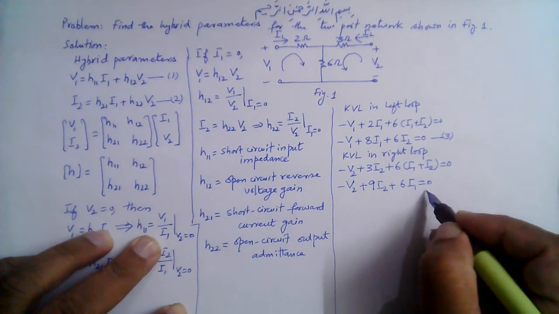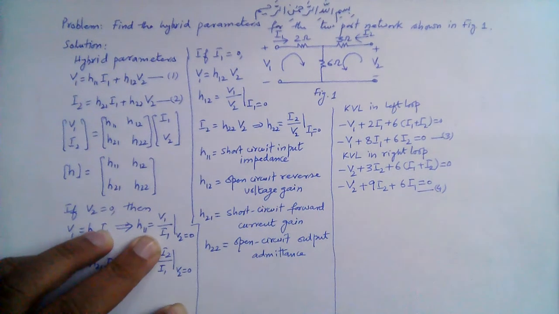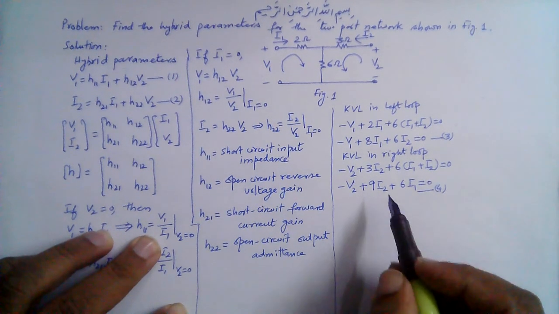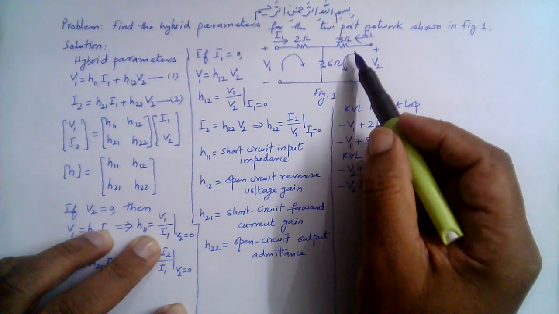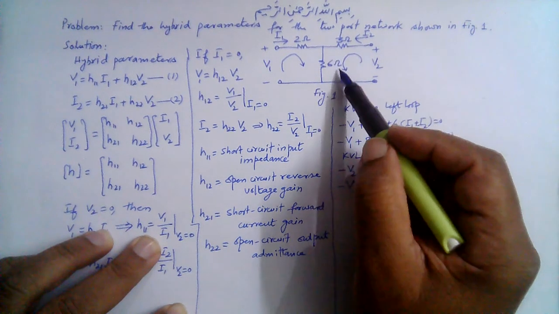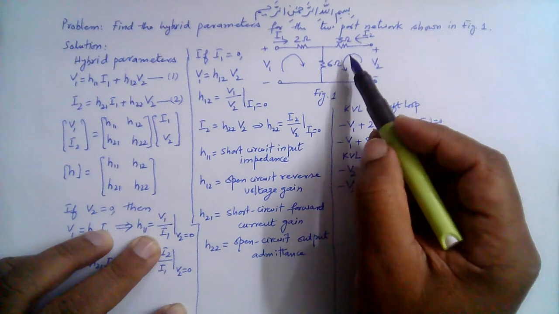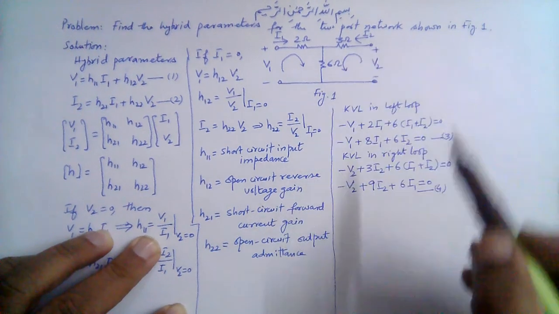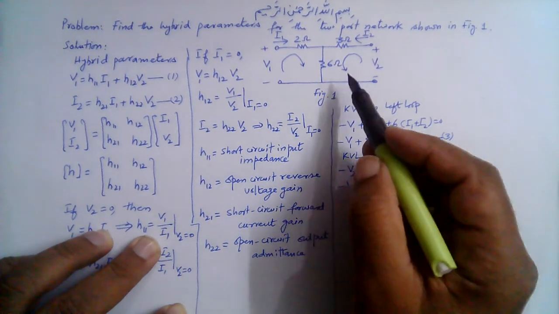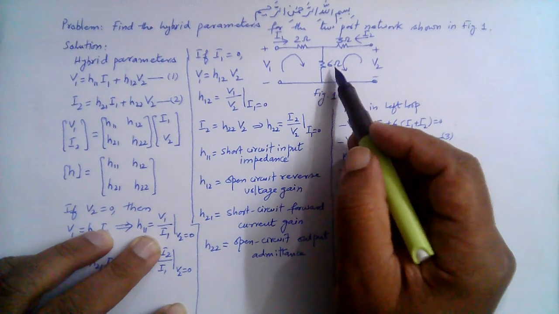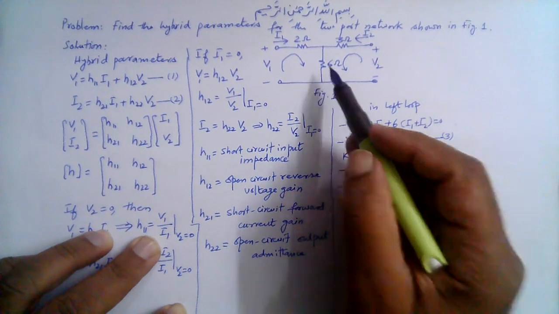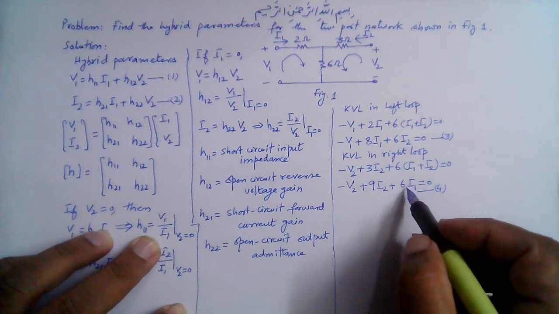Let me call this equation 4. We could also write this equation by inspection. This is minus V2, and the total resistance in this second loop is 9 ohms, so the coefficient of I2 is 9. The resistance shared by I1 and I2 is 6 ohm, and they both flow in the same direction, so the sign is positive here, 6I1.